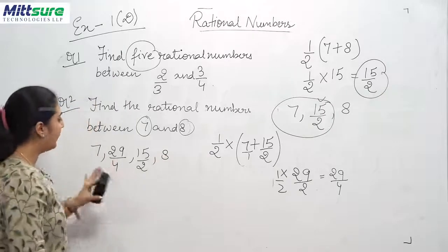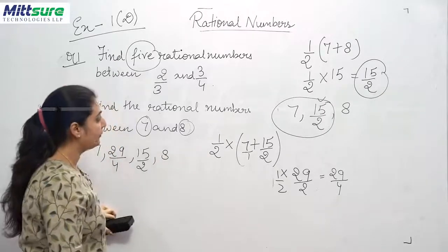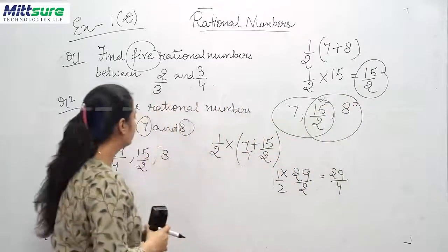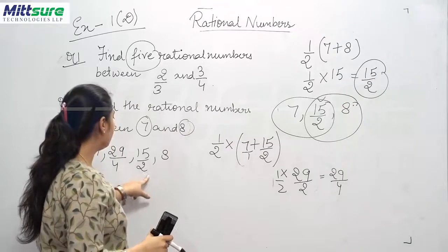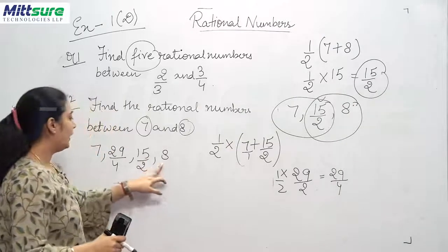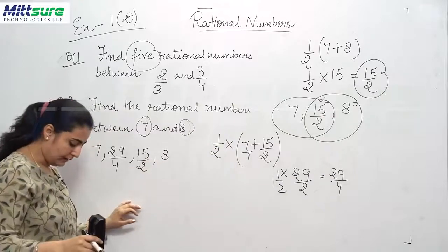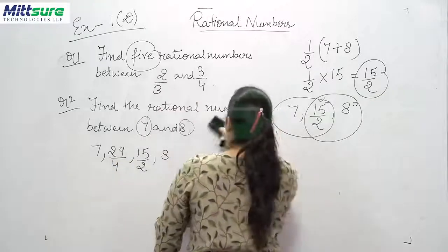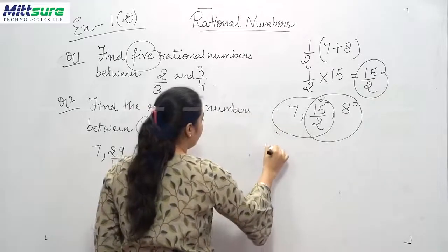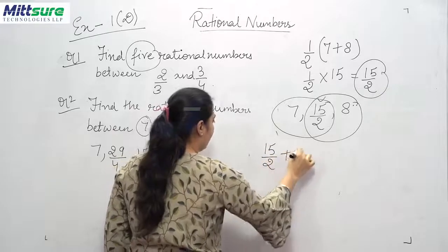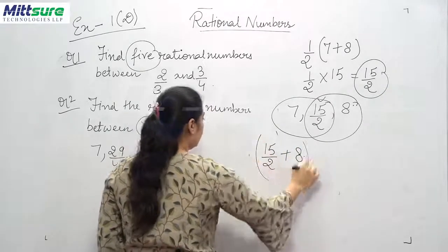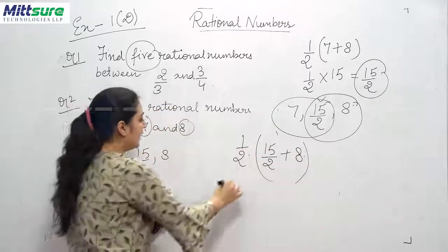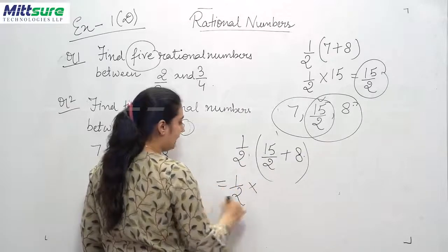Clear? Now again, we will make the set of 15 upon 2 and 8 to find out the number between 15 upon 2 and 8. So one more number can be added here. Now 15 upon 2 plus 8 will be multiplied by 1 upon 2. Clear? Now 1 upon 2 will be outside the bracket.